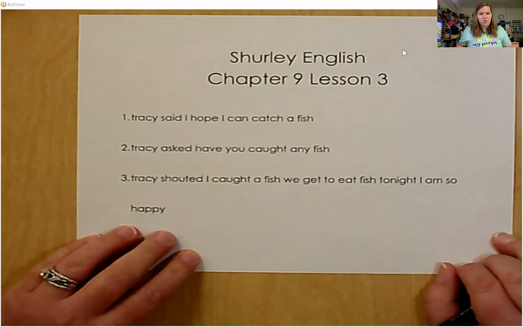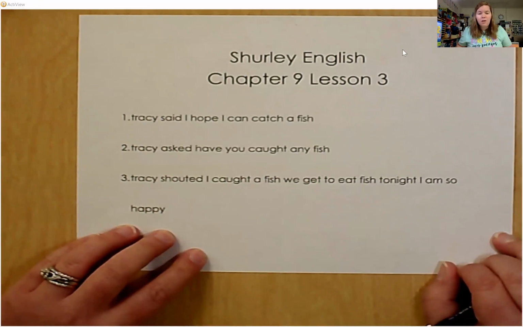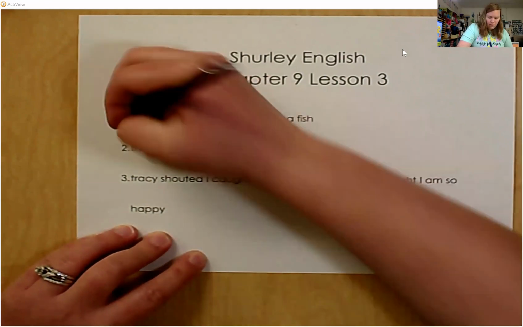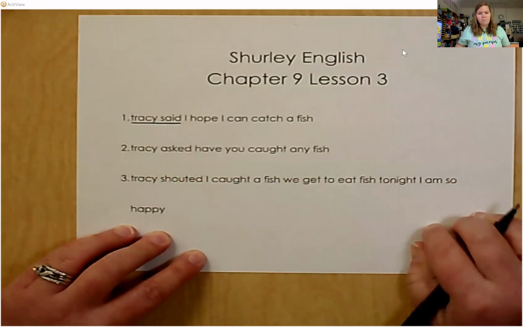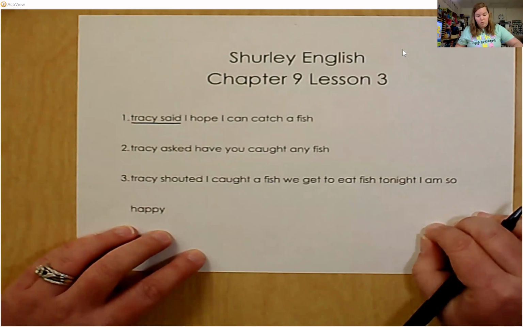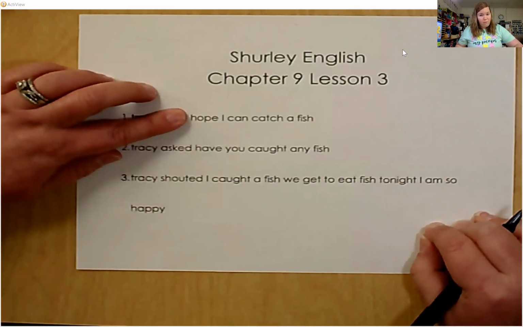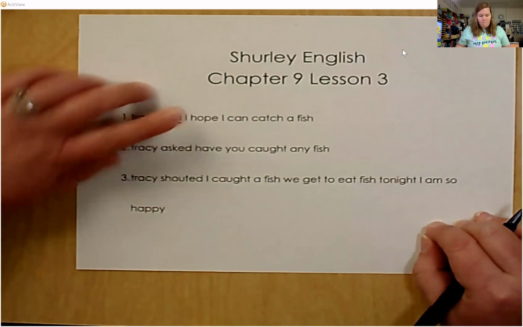So number 1, Tracy said, I hope I can catch a fish. First, we need to find the explanatory words. That is Tracy said, so I'm going to underline that, okay? What she actually said was, I hope I can catch a fish, okay?